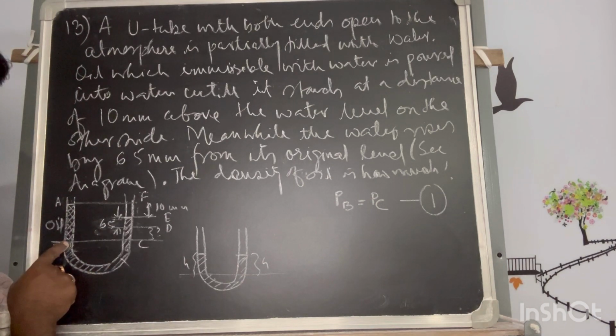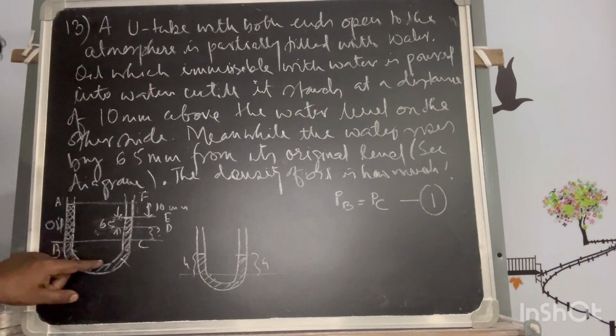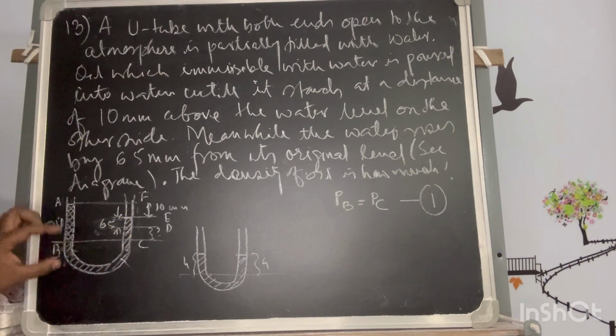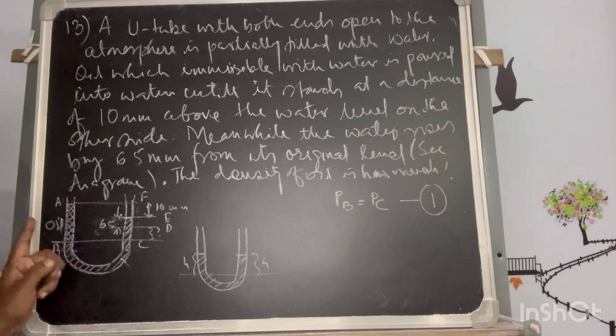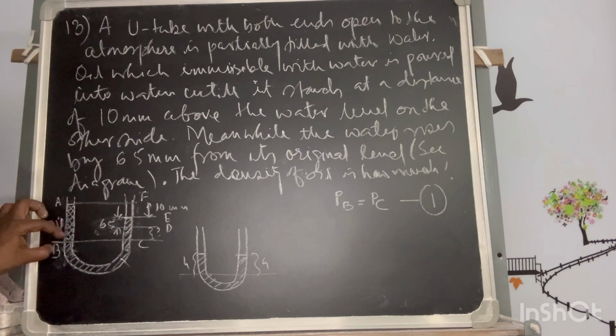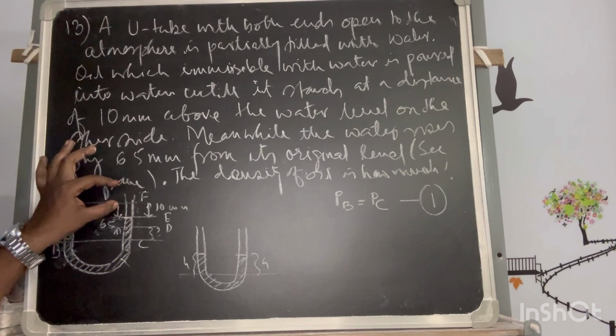We can conclude that whatever water column is rising there, it is displacing that much water column because the cross section is the same. So what will be the effect? Whatever height the water comes down here, it will go up by the same height there.